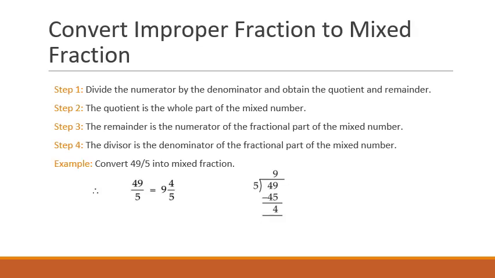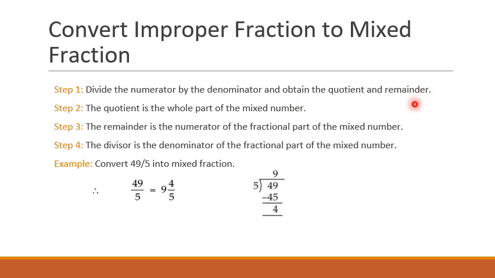In our previous session, we have learned that any improper fraction can be expressed in the form of a mixed fraction. So let's see how we can convert an improper fraction into a mixed fraction. For this, we have to follow certain steps. Step 1. Divide the numerator by the denominator and obtain the quotient and remainder.